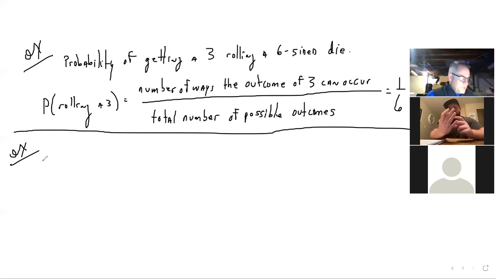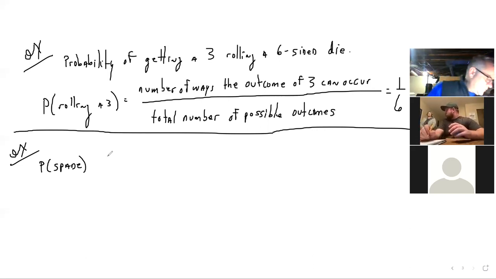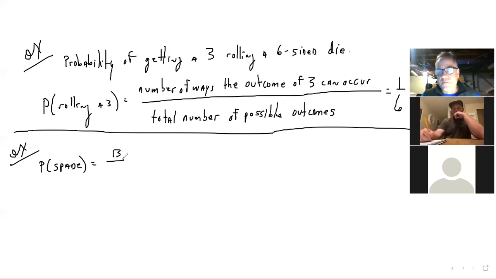But it's 13. So if I said, I shuffle the deck so the cards are randomly shuffled, what is the probability of drawing a spade? The number of spades is 13. There are 52 total cards in the deck. Now 13 out of 52 will reduce to 1/4.